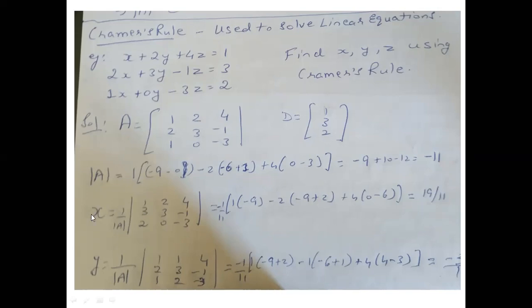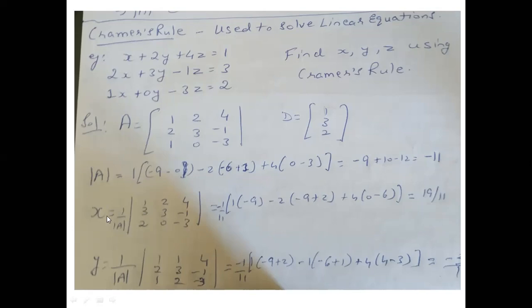Now in order to find x, the equation is 1 divided by determinant of A. The determinant of A is minus 11, so I already know that. And inside the matrix A, 1, 2, and 1 are the corresponding coefficients of x in the three equations.